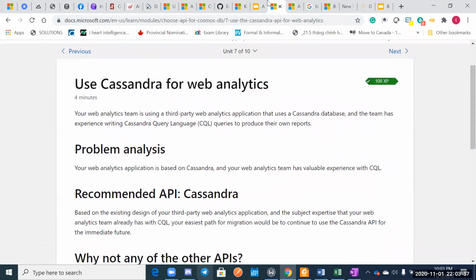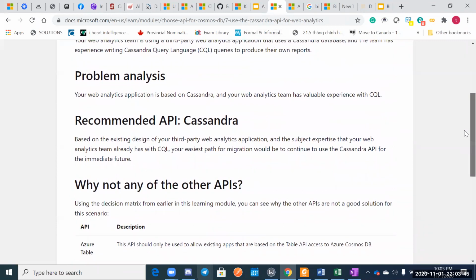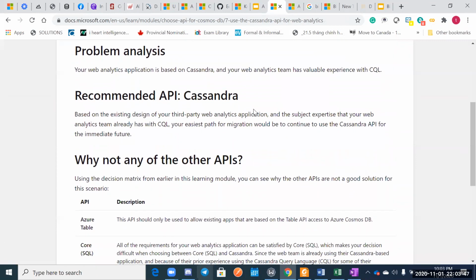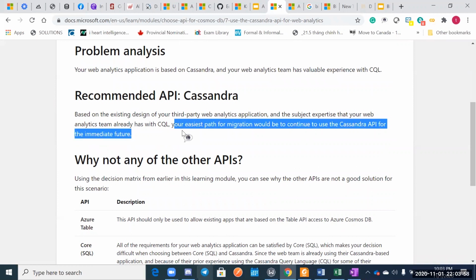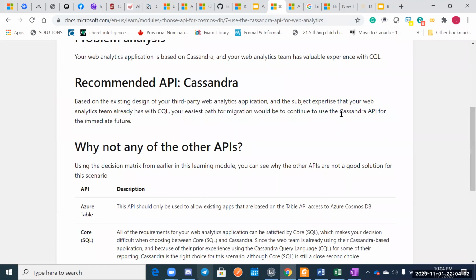So let's go to Cassandra. Again, we have here the Cassandra API.